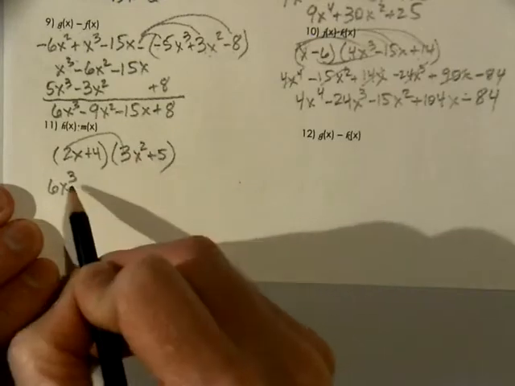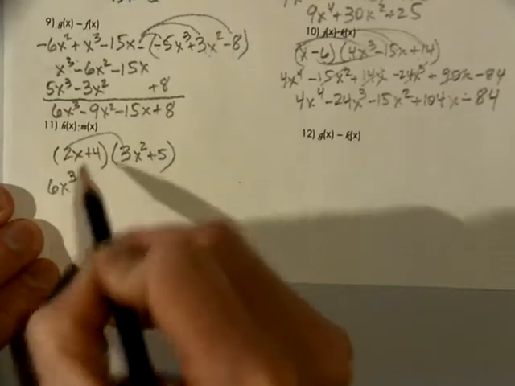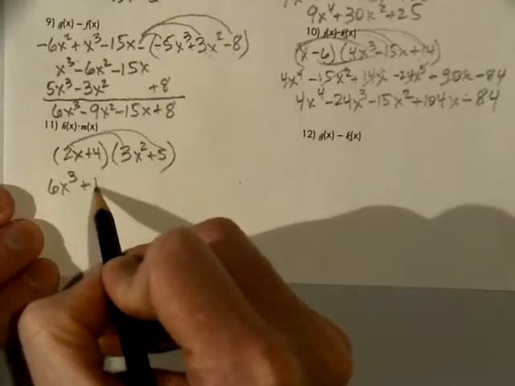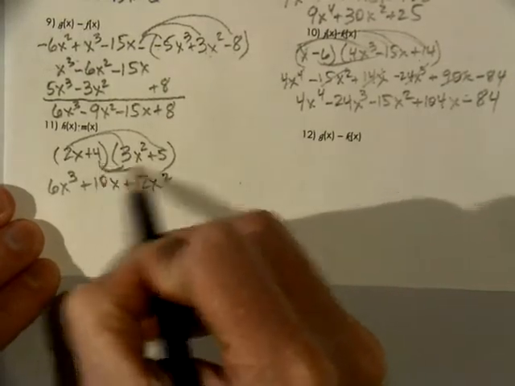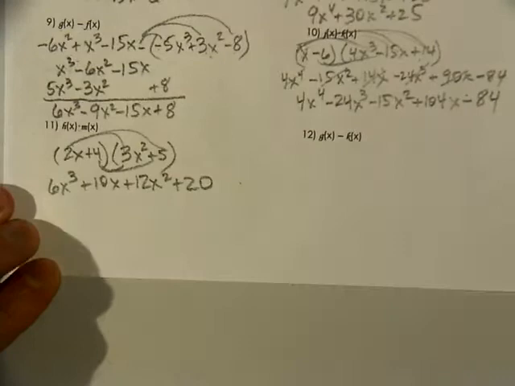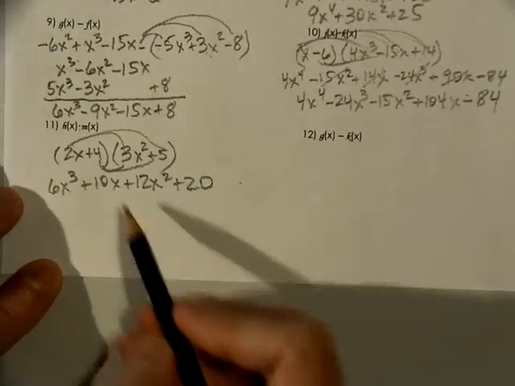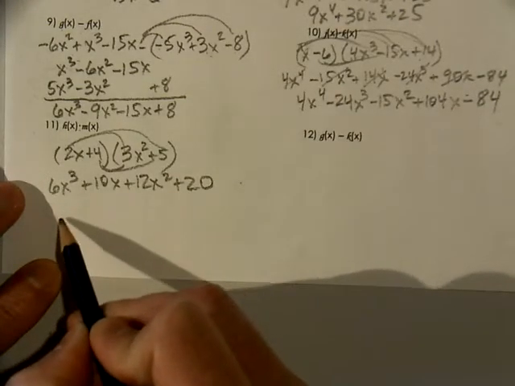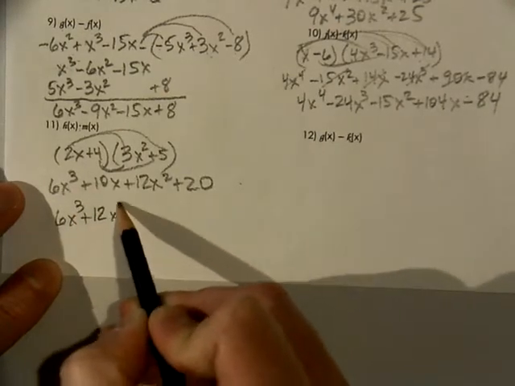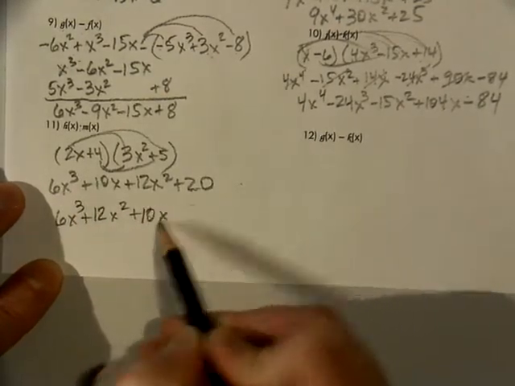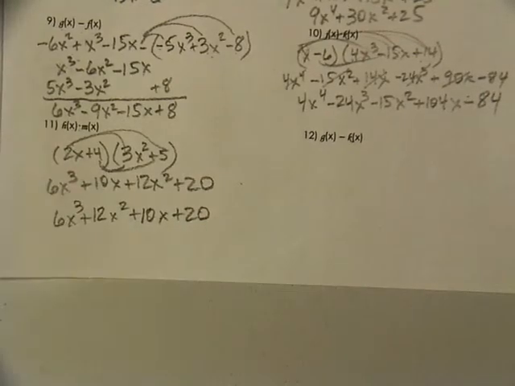X and x squared gives you x cubed. 2 and 3 make 6. And then we'd write them from the largest exponent to the smallest. Doesn't look to have any like terms to combine.